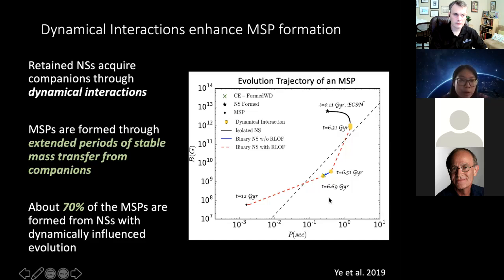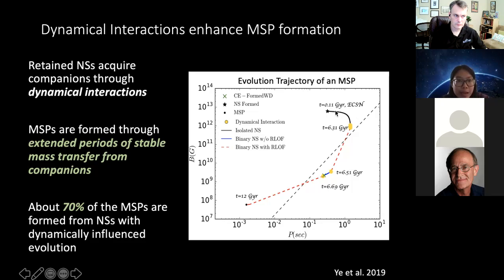So for example, if we look at this plot on the right here, the x-axis is the spin period and the y-axis is the magnetic field. This neutron star, or young pulsar, here is formed from a core collapse or electron capture supernova at an early time of the cluster's evolution.